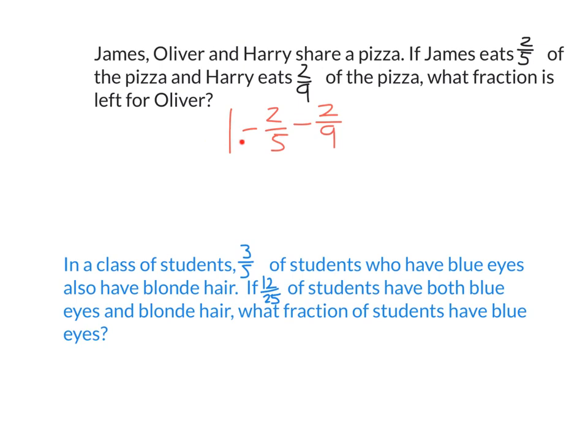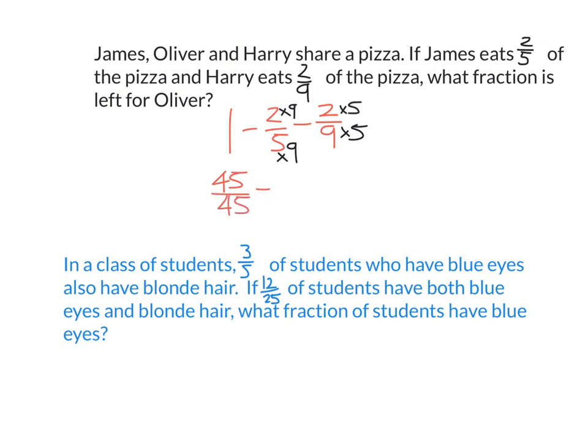So to perform this calculation, we need to have fractions with the same denominator. So I need to times top and bottom by 9, top and bottom here by 5, so they have the same denominator of 45. But I can also change 1 into a fraction. 1 is 45/45. 1 whole is 45/45.